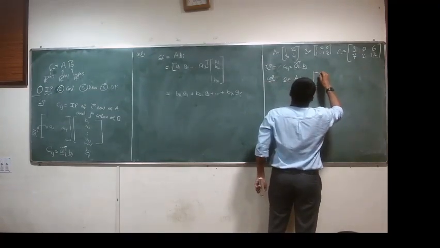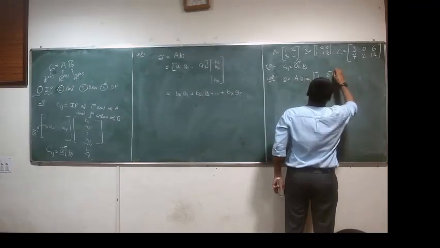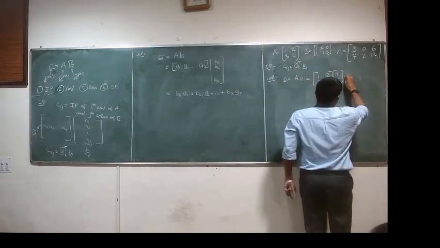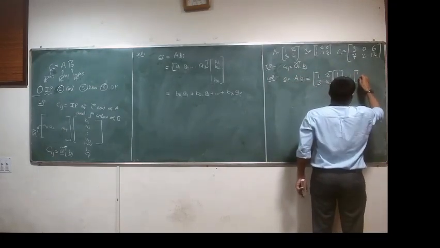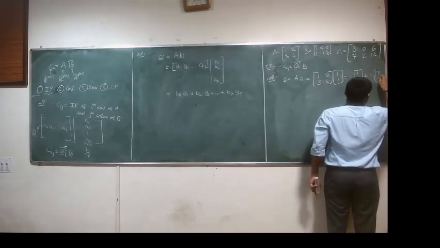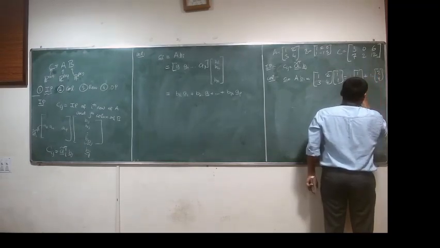This is 1, 3, 2, 4. This is 1, 1. Let's not do the inner product. This is nothing but 1 times 1, 3 plus 2, 4. And what do I get? I get 3, 7.